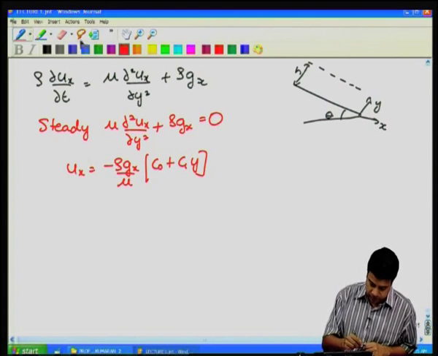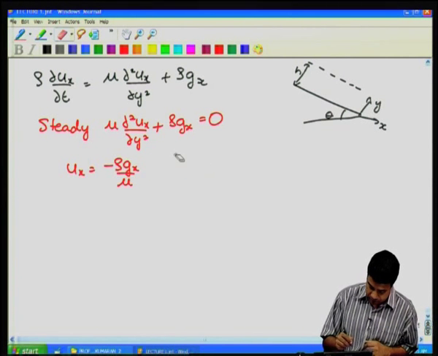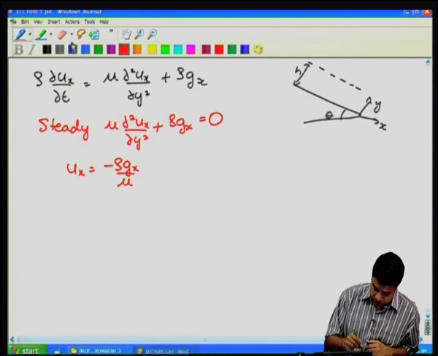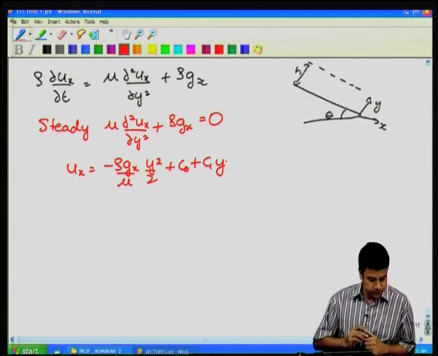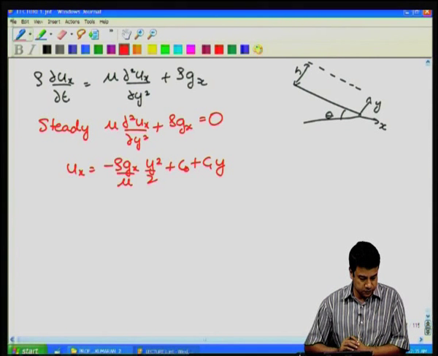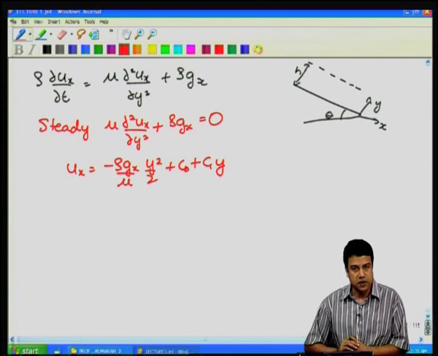So, I am sorry. y square by 2 plus C naught plus C 1 y, where C naught and C 1 have to be determined from the boundary conditions.